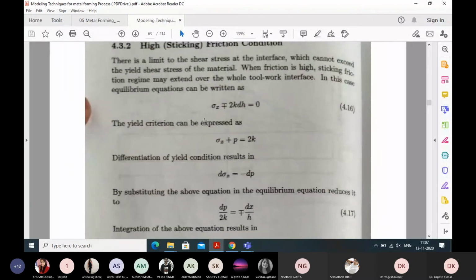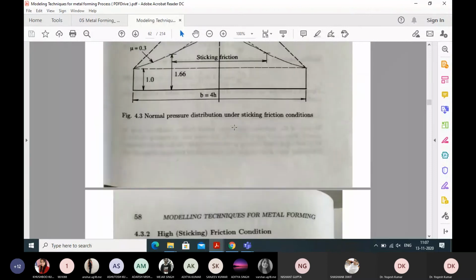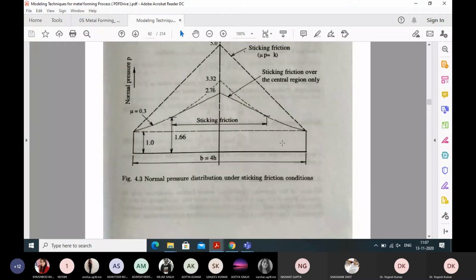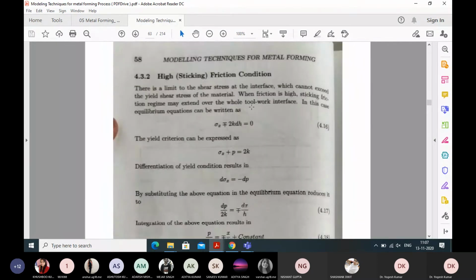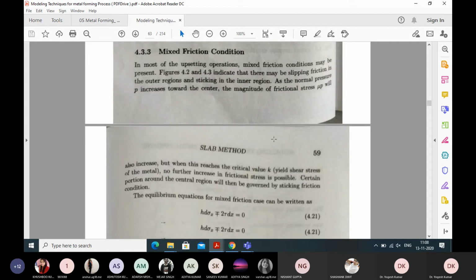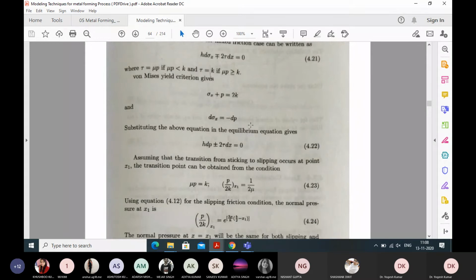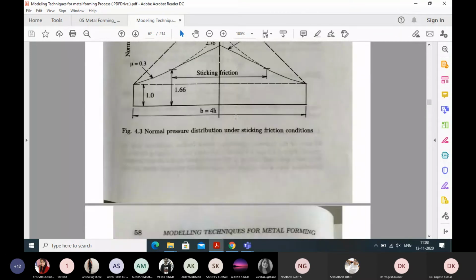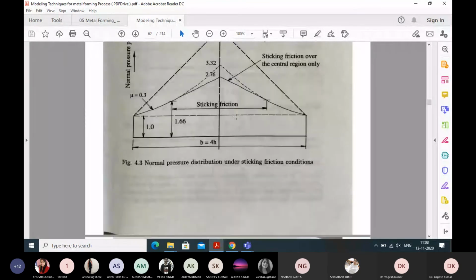Okay, so I just wanted to tell you about how we have to proceed with your slab method. Okay, so ये जो portion है शशांक संदीप, I will share this book chapter with all of you, and you can read out these different techniques, because I have discussed only for open die forging.